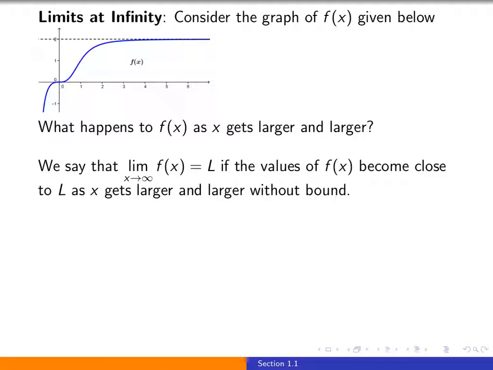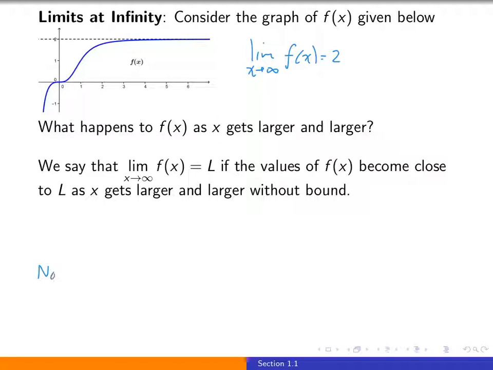And what we will say is that the limit as x approaches infinity of a function is the number L if the outputs of the function f of x become close to L as the inputs x get larger and larger without bound. So saying x approaches infinity means that as we plug in larger and larger values for x, the outputs are approaching some fixed constant L. So in the example above, the limit as x approaches infinity of this function is the number 2.